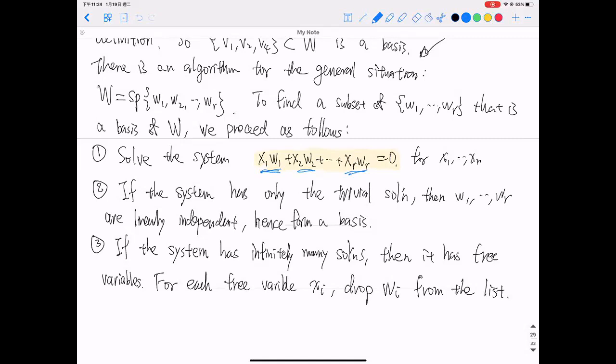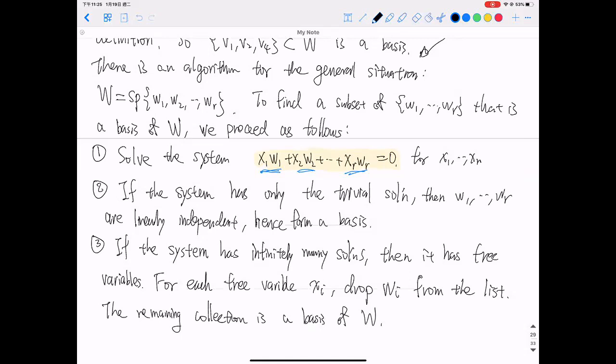So if a variable xi is free, its associated wi should be removed from the list of w's, and the remaining collection will then form a basis of W. So now this is an algorithm for the more general situation.